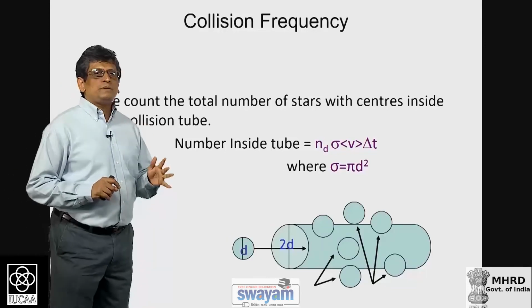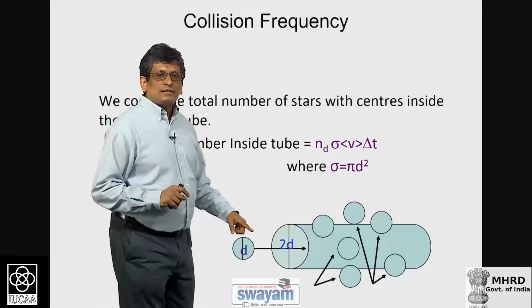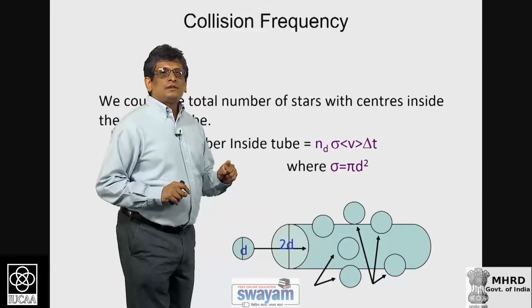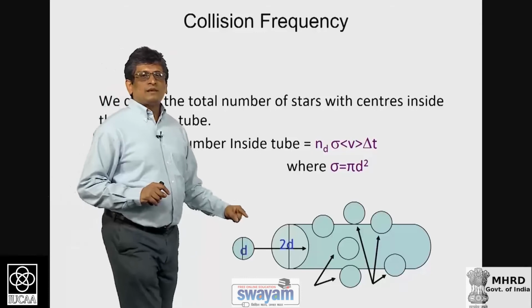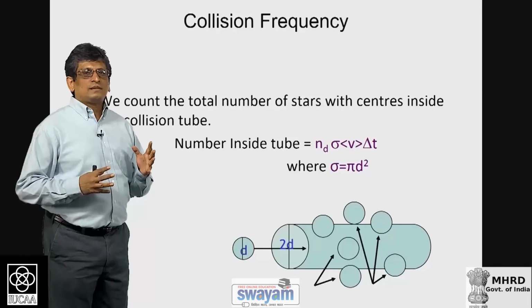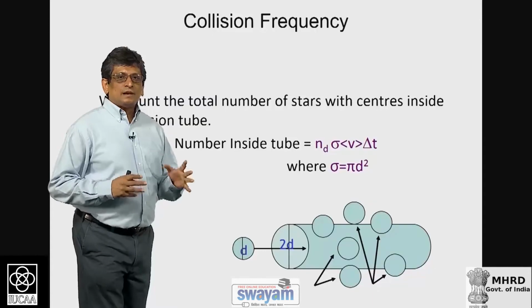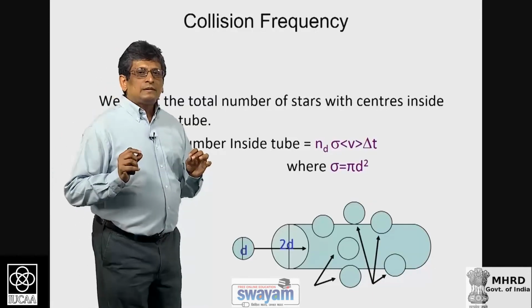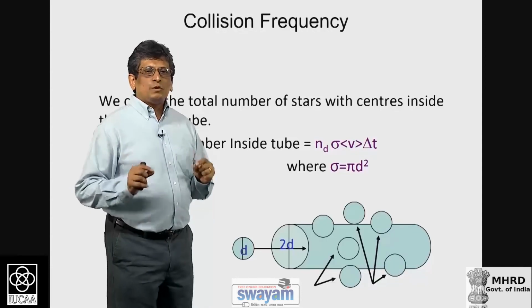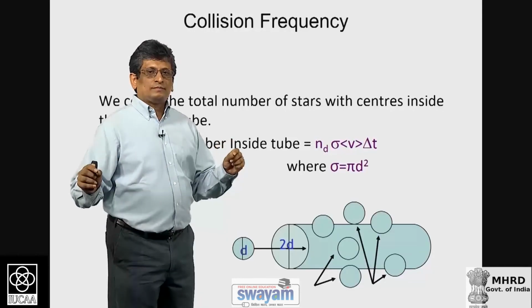If its mean speed is v, then we can work out that inside this cylindrical tube, which has a diameter 2d, the total number of stars that will be inside that tube will be N_d times sigma times the average velocity times a particular time interval, which we will call delta t, and that is the time in which it moves between one collision to another, right?